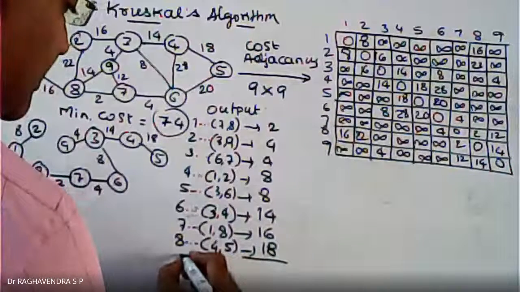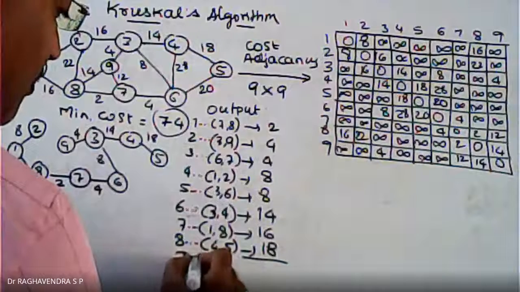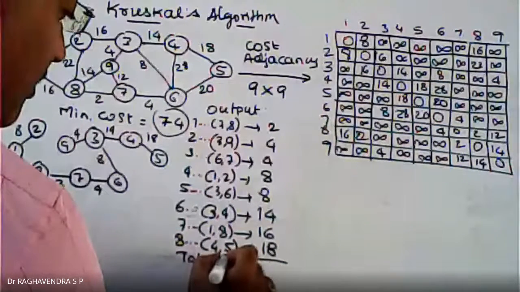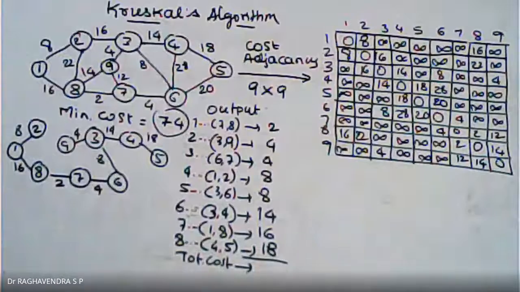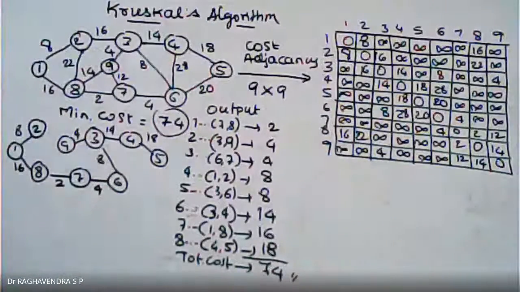The total cost is how much? 74. 74. Copy this so that we can execute the program. Once it is over, you tell me.